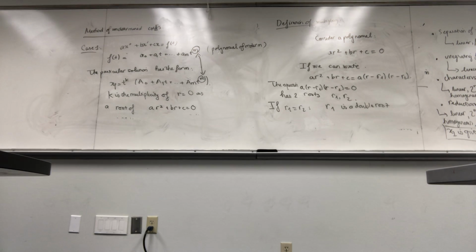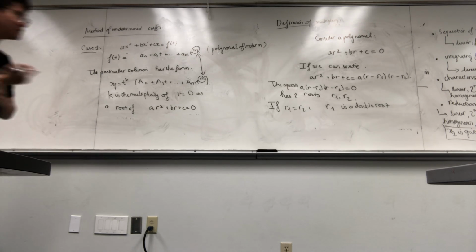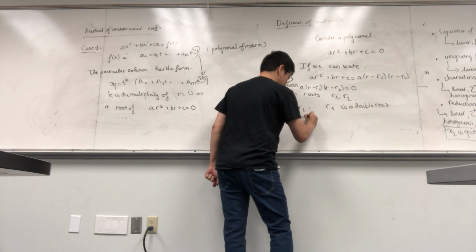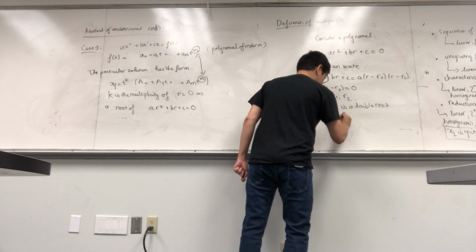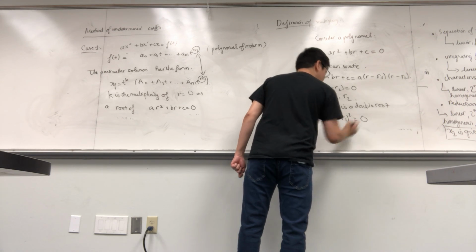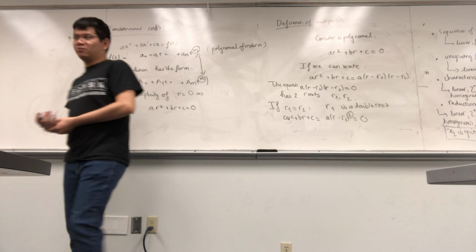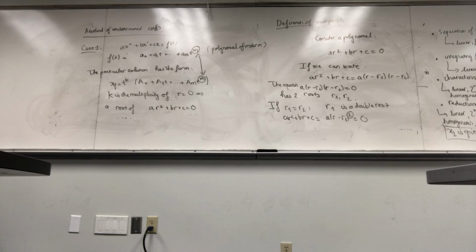Why do I call it a double root? Because you can rewrite it as a(r minus r1) squared. In this case, ar squared plus br plus c is a(r minus r1) squared equal to 0, right? So this is a double root because you have two roots that are identically the same.